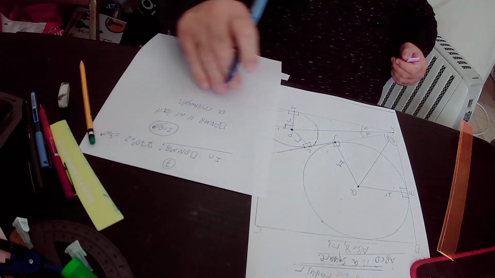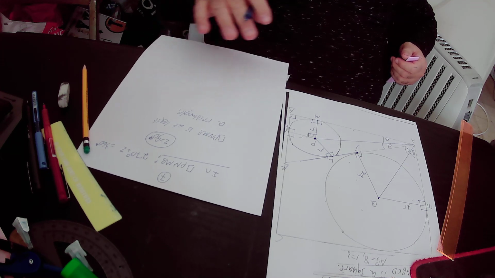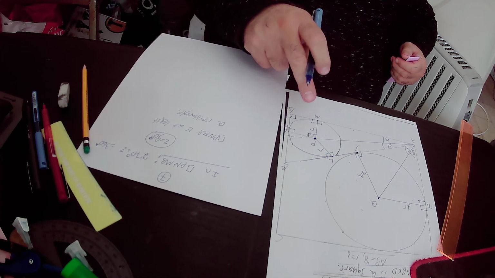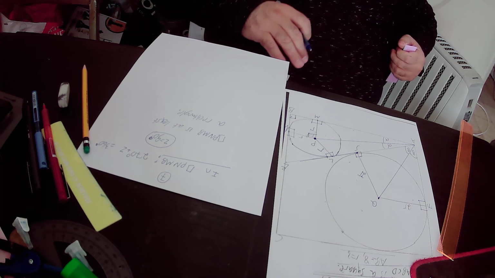Okay. Again, this quadrilateral PNMB, if not a square, is at least a rectangle.